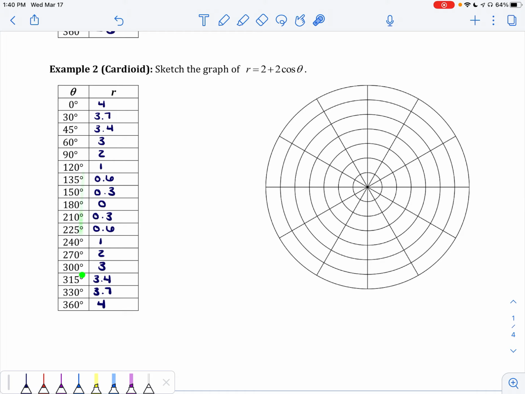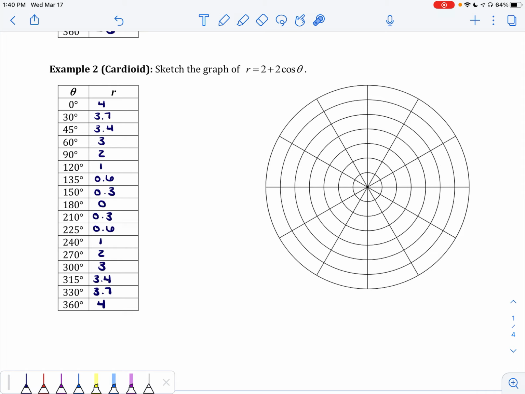Go to the table and write down your points. Once you have the points written down from your calculator, then we're going to plot them. I'm going to trust you guys to do the calculator steps as we did in the last video, but if you need any help with the calculator, please just send me an email and I'm more than happy to help you.